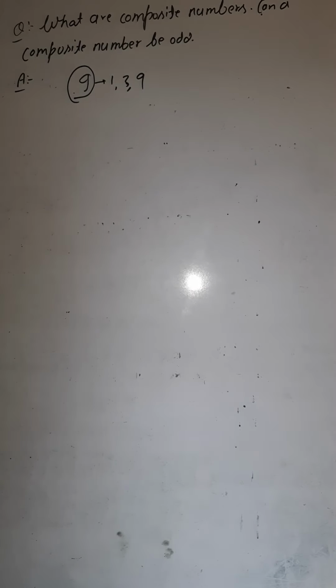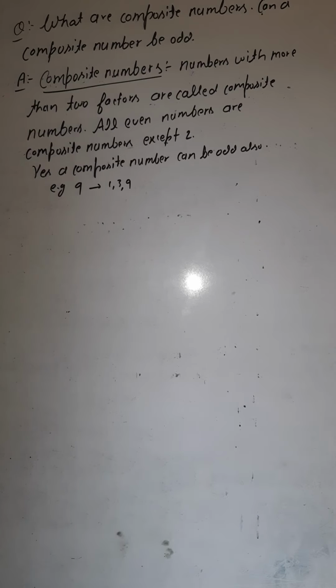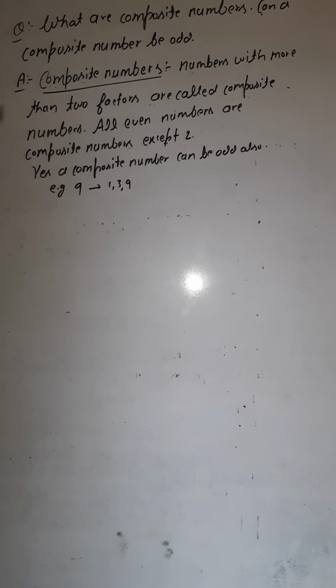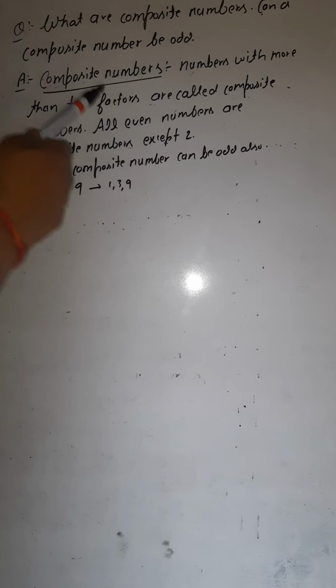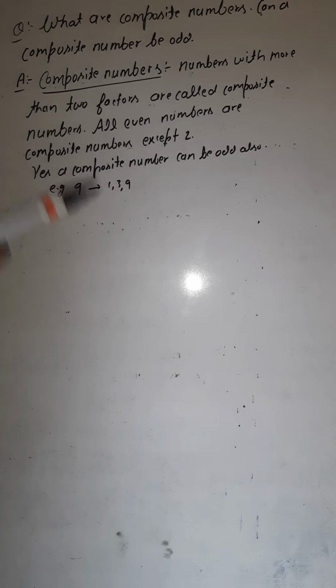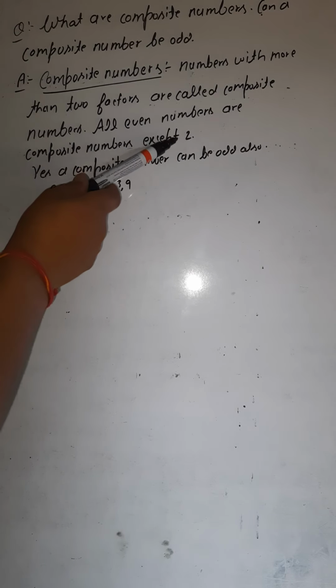So now we would write the definition of composite numbers. What are composite numbers? The numbers with more than two factors are called composite numbers. That we have already discussed. All even numbers are composite numbers except 2. 2 is an even number, but it is not a composite number, rather it is a prime number.